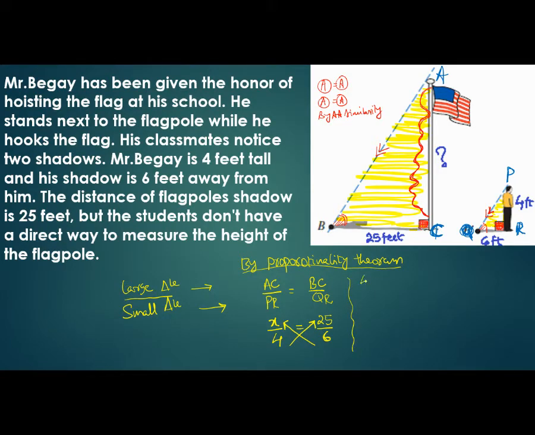That gives me 4 times 25 equals 6 times X. The next step is division by 6 on both sides. So 4 times 25 gives me 100, divided by 6, that is 16.6.